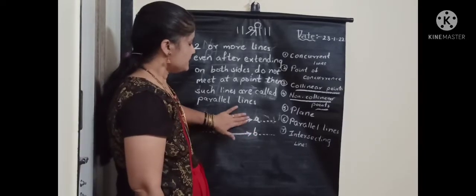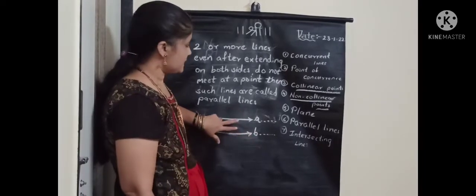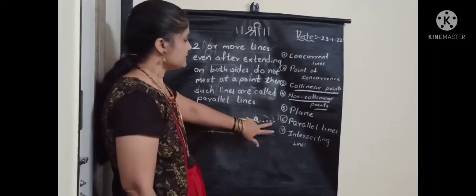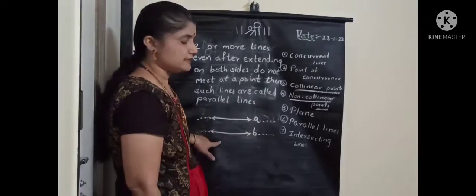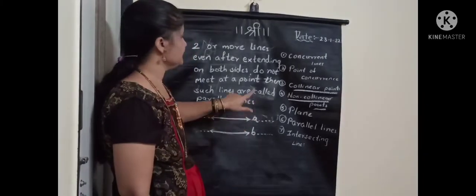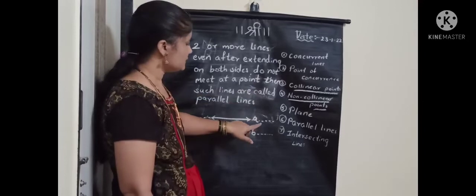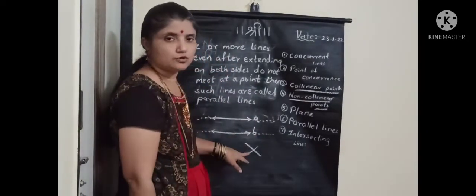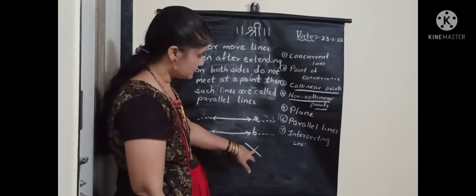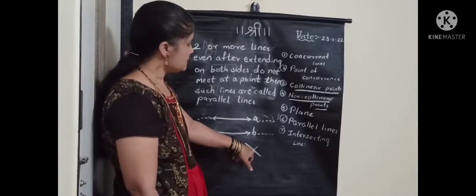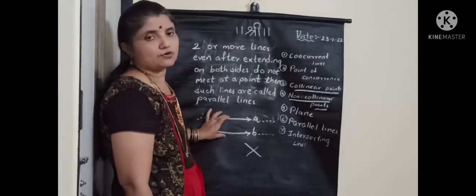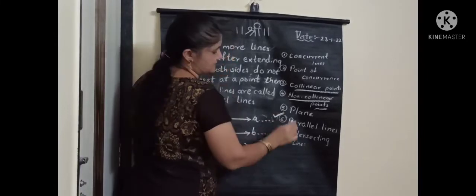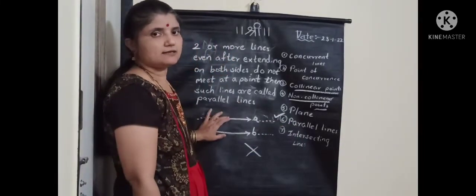Line A and line B are said to be parallel only when, even after extending the lines, they do not meet at a point or cross each other. Such lines are called parallel lines.